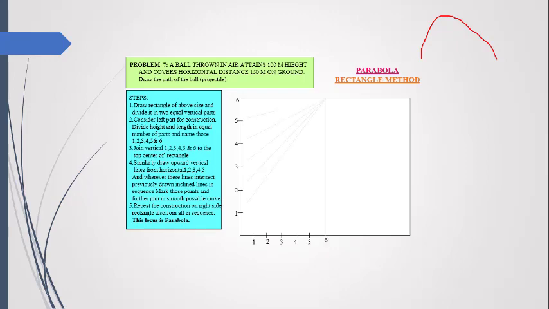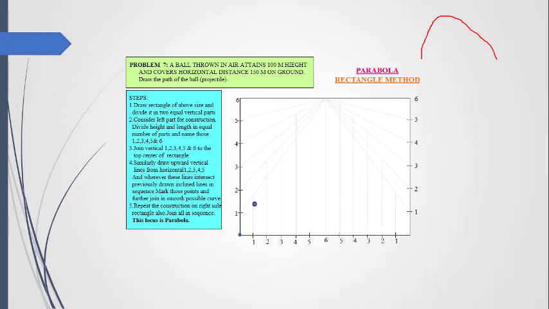You can see, divide the right hand side in equal parts, that is 6 parts, and the bottom also in 6 parts. Now erect perpendicular lines from the bottom points 1, 2, 3, 4, 5, 6, like this, and they will touch the other lines at specific positions.